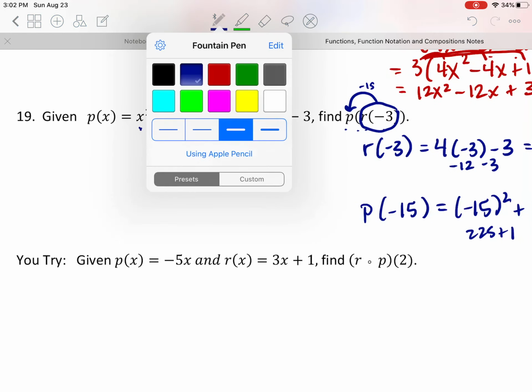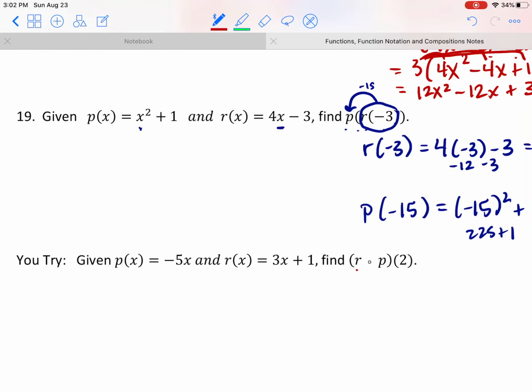Otherwise, let's do this. So r of p of 2 means take p of 2 and plug it into r. Well, in order to take p of 2 and plug it into r, I have to figure out what p of 2 is. So p of 2 means I'm going to plug 2 into p of x, right there. Negative 5 times 2, it's going to be a negative 10. So it says take p of 2, which is negative 10, and plug it into r.